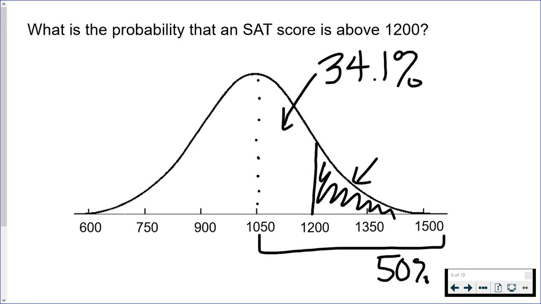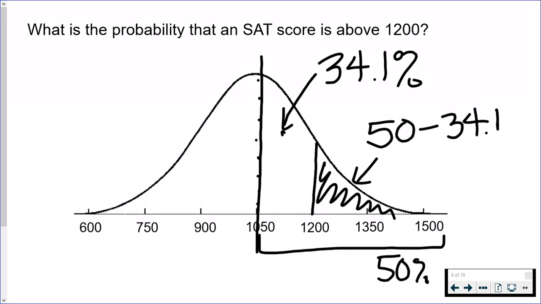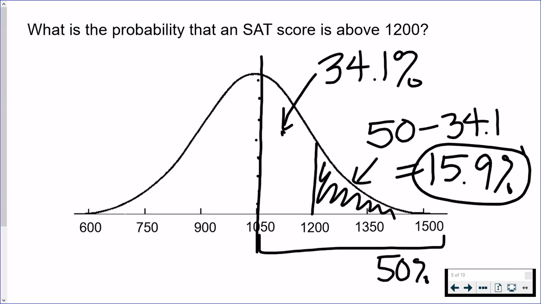Now again, if we know that half of the curve is 50%, and I know that this portion right here is 34.1%, the shaded region must be 50% minus 34.1%. So you could say that approximately 15.9%, or if you round to 16%, of the SAT scores are above a 1200.